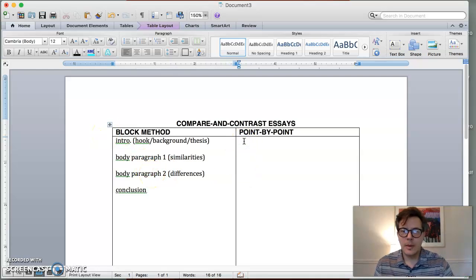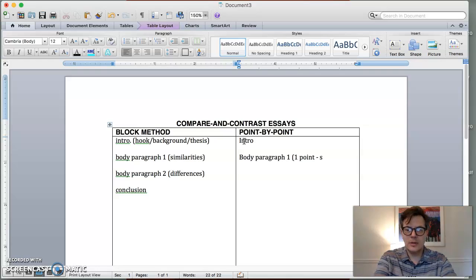Now let's look at the point-by-point method, which I think is a little more sophisticated, a little more in-depth, and requires a little bit more critical thinking on your part, but it will pay off. This has 3 body paragraphs as opposed to only 2. Of course, your intro would be very similar to the block method, and then you'd have body paragraph 1, and that's going to focus on one point, and it will contain similarities and differences.